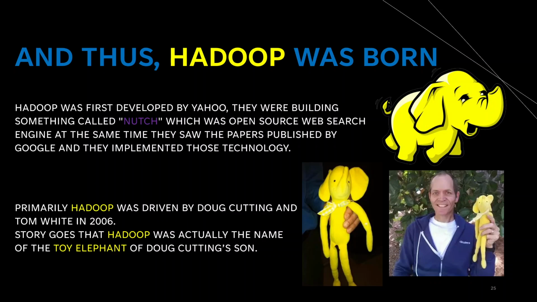Doug Cutting and Tom White were working on that particular project. In 2006 they finally came up with the name Hadoop, and the story goes that Doug Cutting's son had a cute little yellow toy elephant named Hadoop, and they named this technology Hadoop.